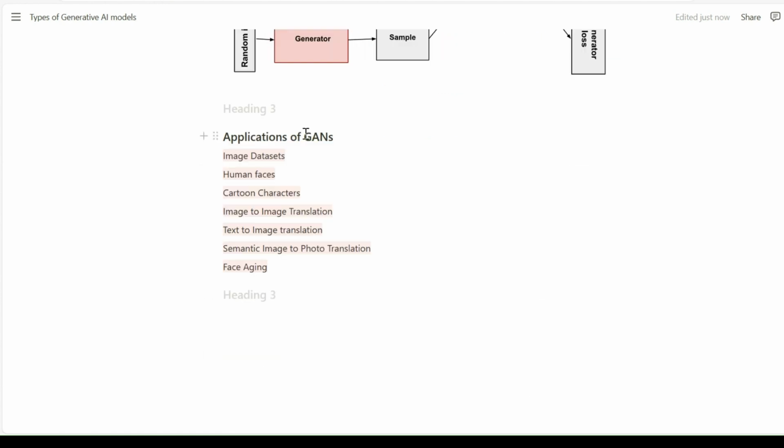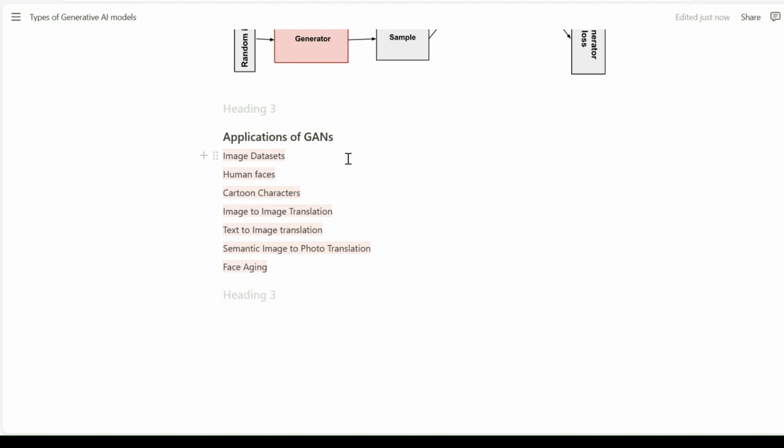These are some of the applications of generative adversarial networks. It can generate new samples of image datasets, creating something new that resembles existing photographs. It can also generate human faces that look like real photos.